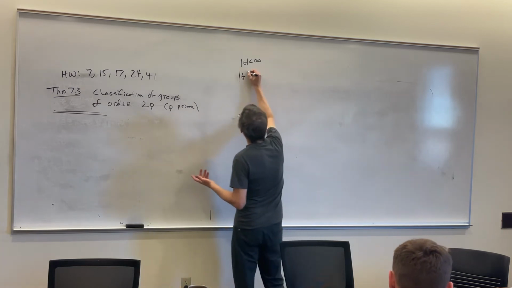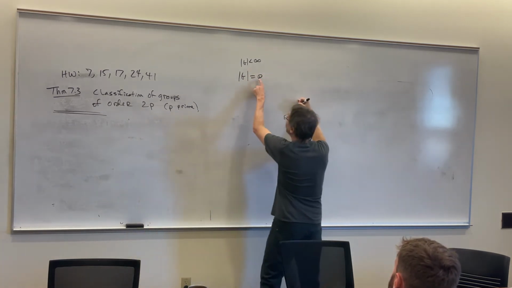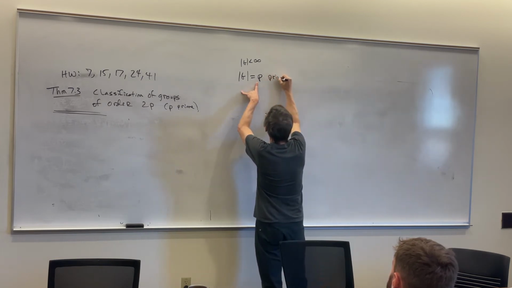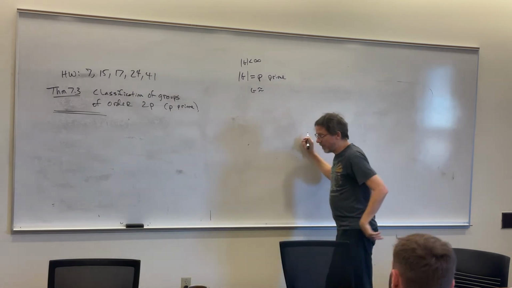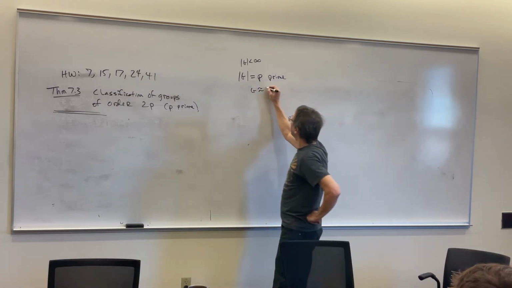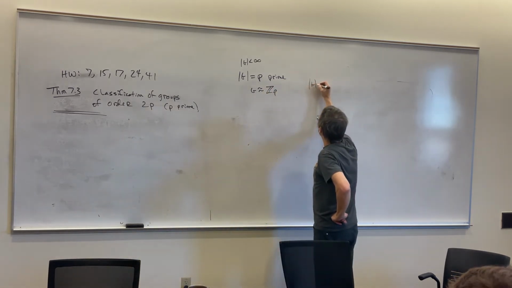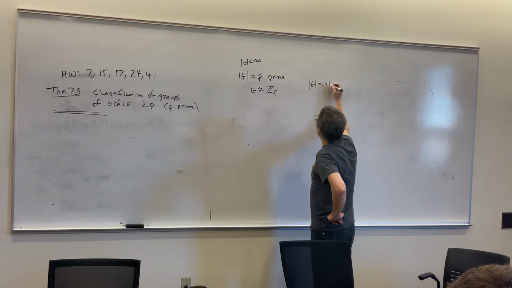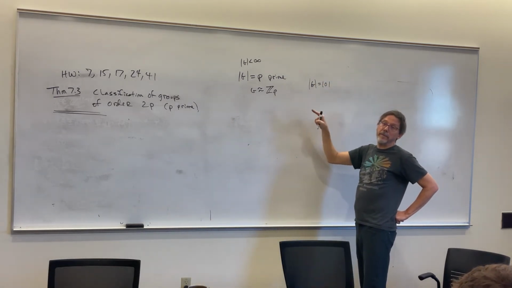So we know already that if the order of G is p and p is prime, what is G isomorphic to? Z mod p, there you go, we just talked about that. So if I told you I've got this group and its order is 101, there's nothing else it can be but a cyclic group of order 101.